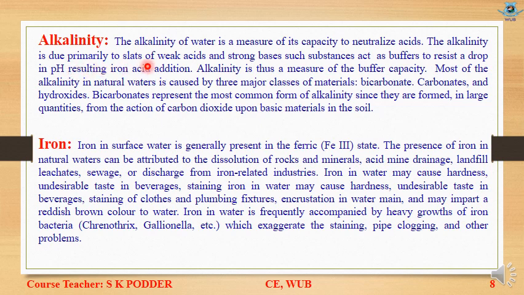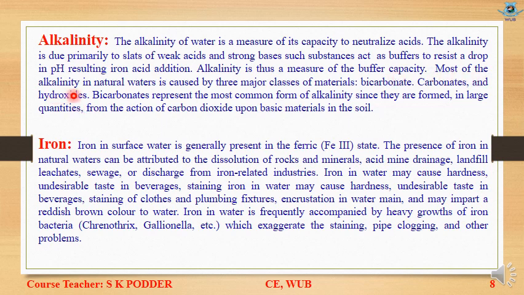primarily to salts of weak acids and strong bases, as these substances act as buffers to resist a drop in pH resulting from acid addition. Alkalinity is thus a measure of the buffer capacity.